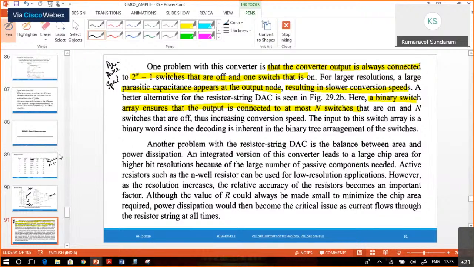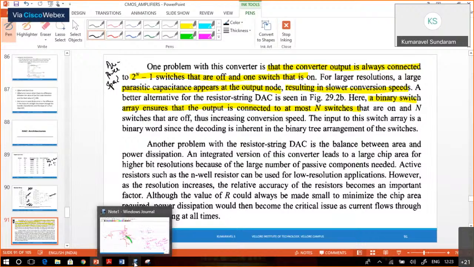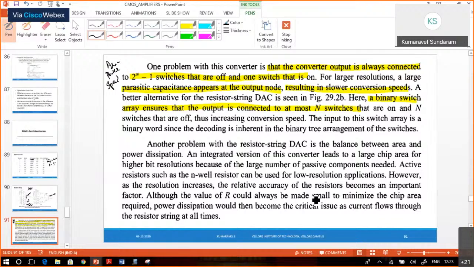In a resistor string, the resistors will occupy more area, so a huge area will be required to realize this DAC. To overcome that, for low resolution applications, maybe we can go with the resistor string DAC. Even the resistor can be modeled using MOSFETs. In a CMOS process, resistors can also be modeled.